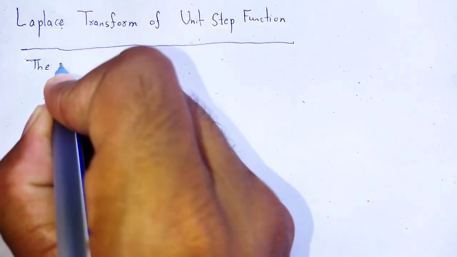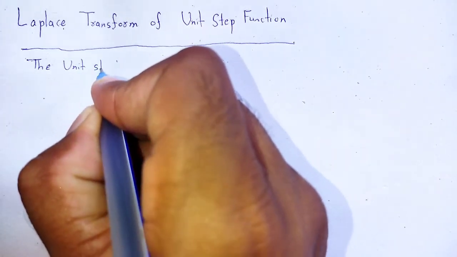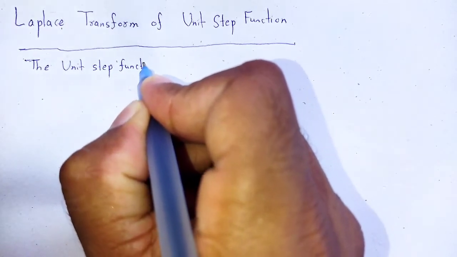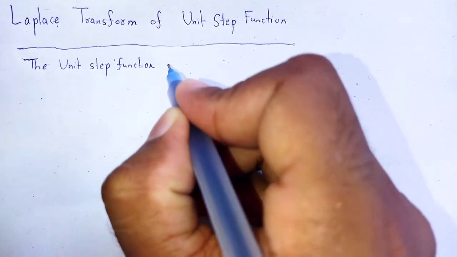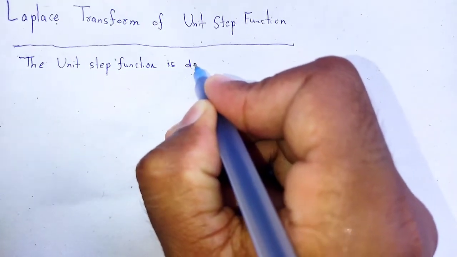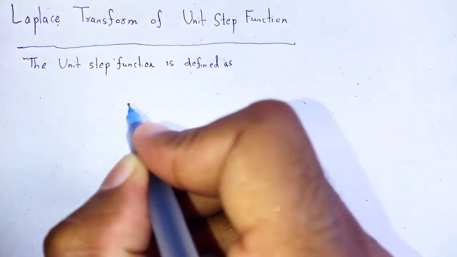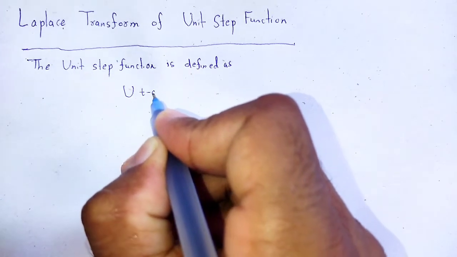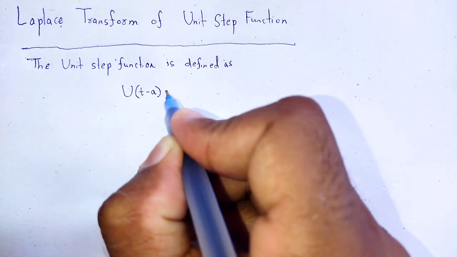The unit step function is defined as u of t minus a, which is known as the unit step function.